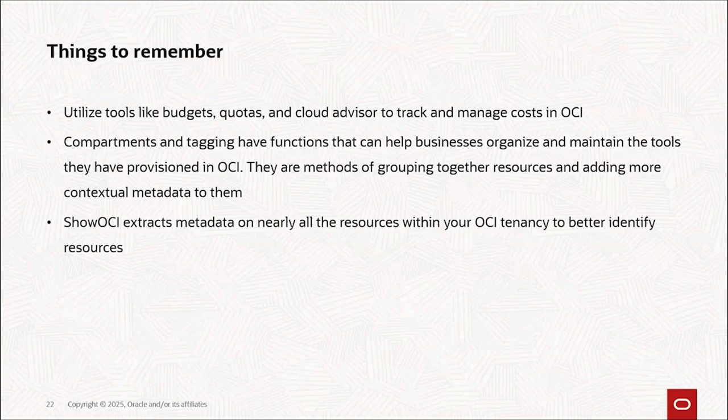So you can set a budget on your tags, your compartments, or your tenancy. But one thing to note is it's more of a soft budget. If you want to enforce it, there are ways of doing so. You can do so with a pre-built function called the zero quota limiter, which would actually help you enforce that budget. But just something to keep in mind, it will let you know, hey, you've reached maybe your budget for this tag or this compartment.